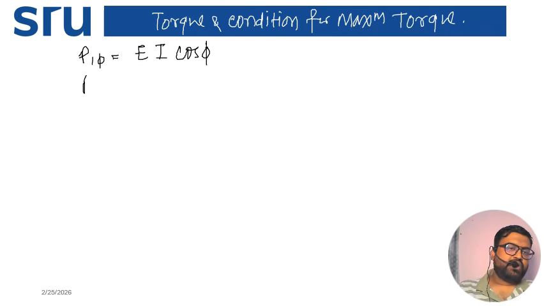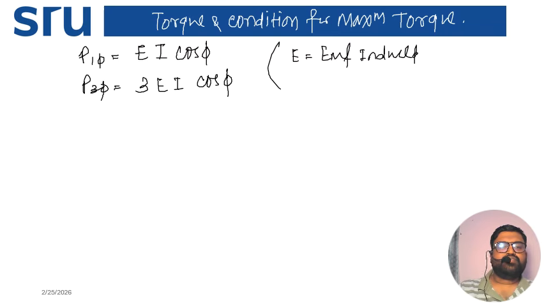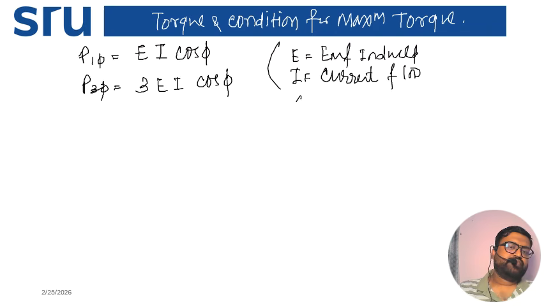And P three phase is 3 E I cos phi. E is the EMF induced, I is the current flow, and cos phi is the phase angle.